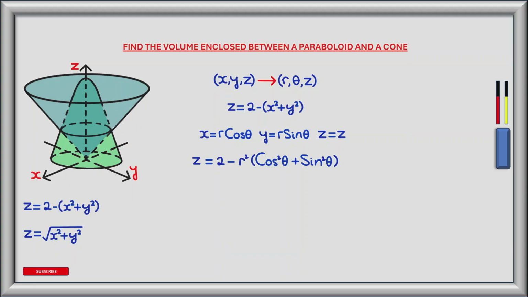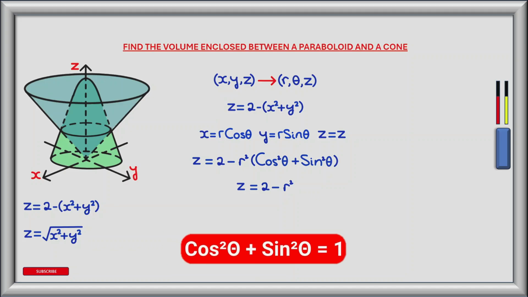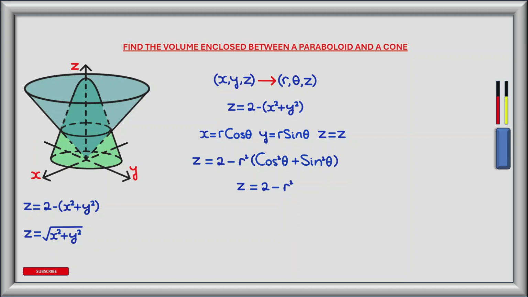Making the substitution, we get z equals 2 minus r squared into the bracket of cos squared theta plus sin squared theta. Using the trig substitution, where cos squared theta plus sin squared theta is equal to 1, this equation reduces to z equals 2 minus r squared. And this gives us the equation of the paraboloid in cylindrical form.